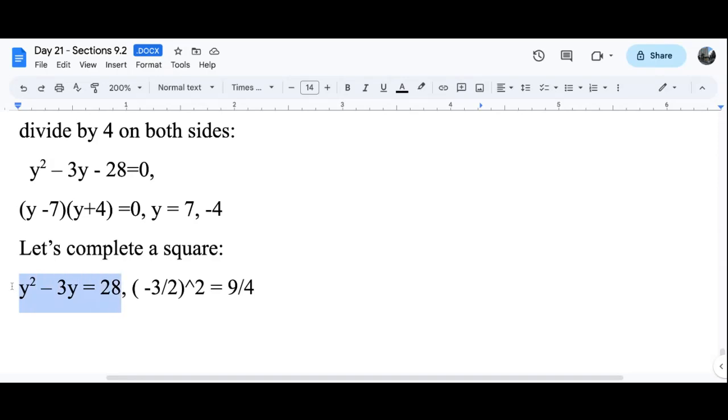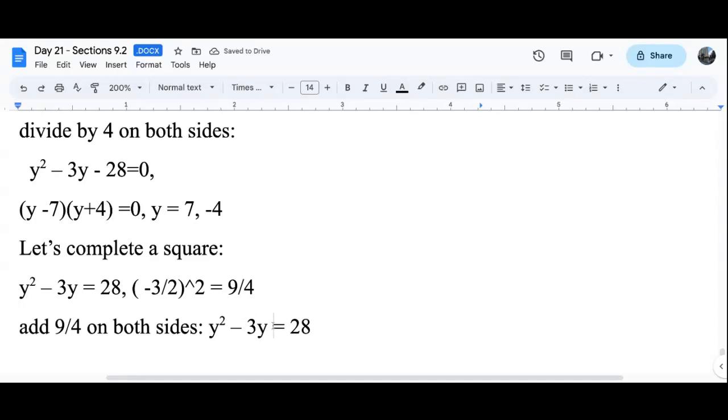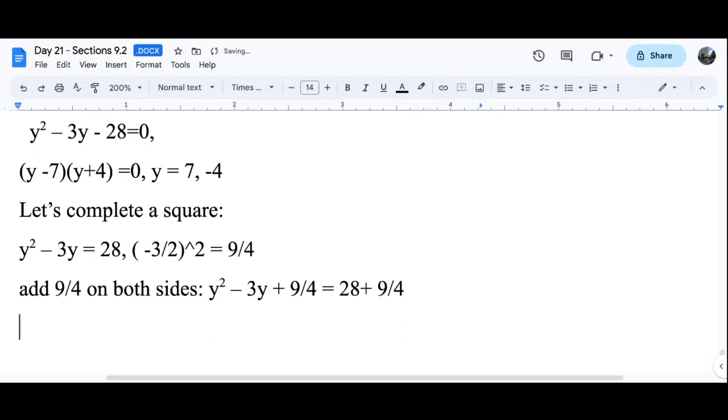So we just add. We add 9 over 4 on both sides. So we add 9 over 4 on the left-hand side. We add 9 over 4 on the right-hand side.